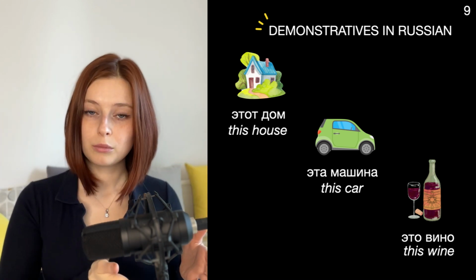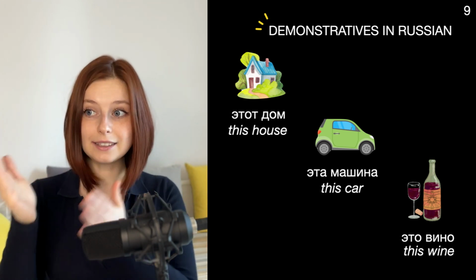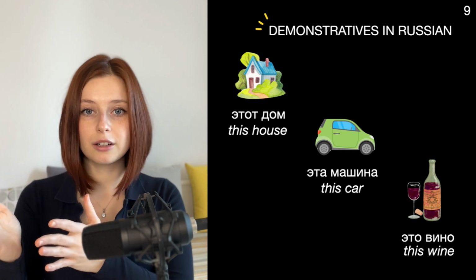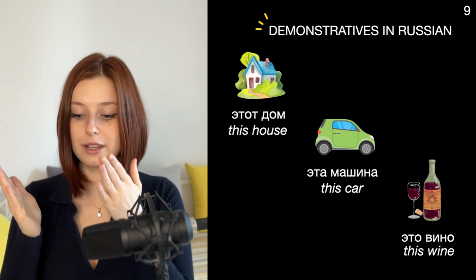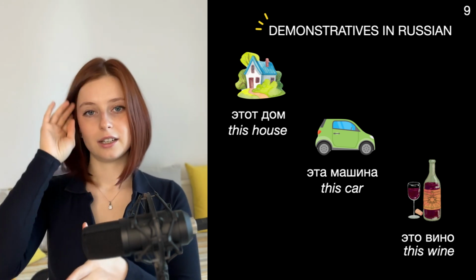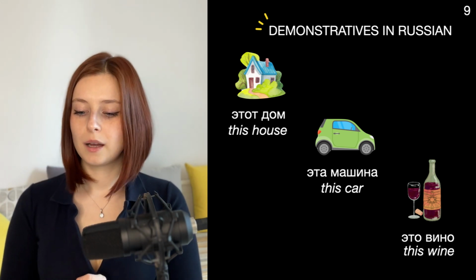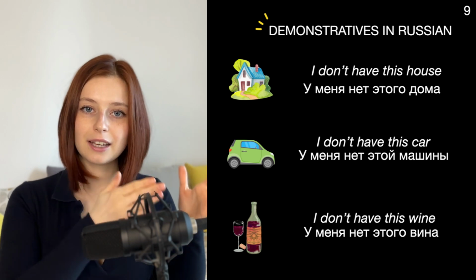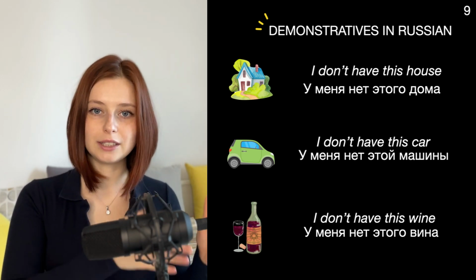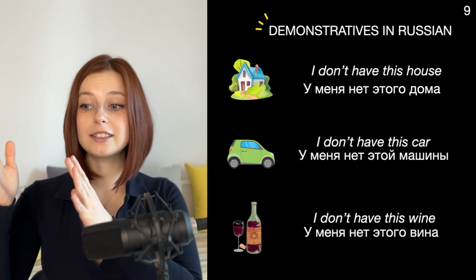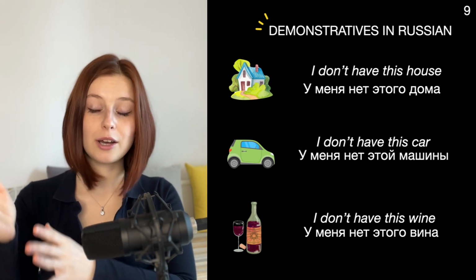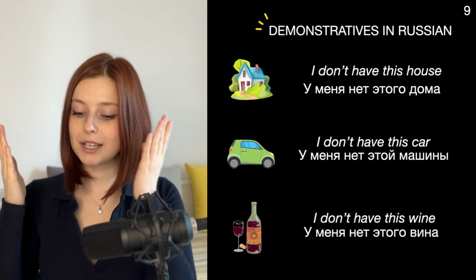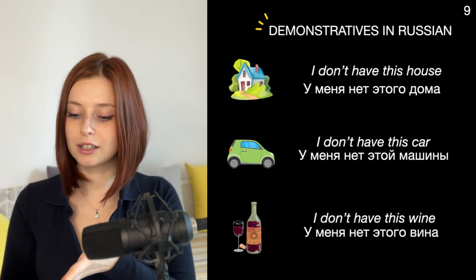Этот дом, this house. Эта машина, that car. Это вино, this wine. That's nominative. But if it's genitive, у меня нет этого дома. I don't have this house. У меня нет этой машины. I don't have that car. У меня нет этого вина.